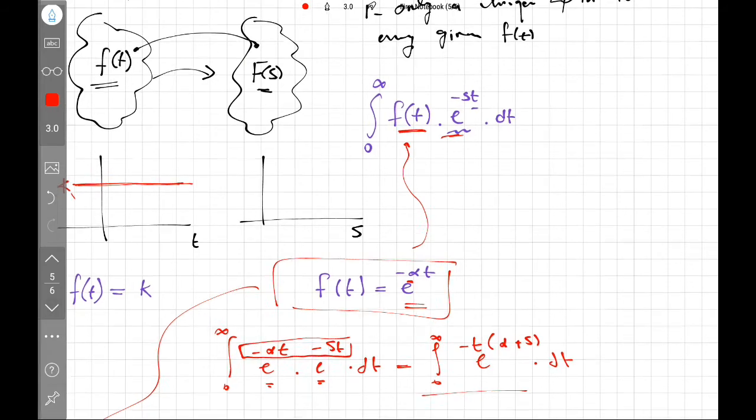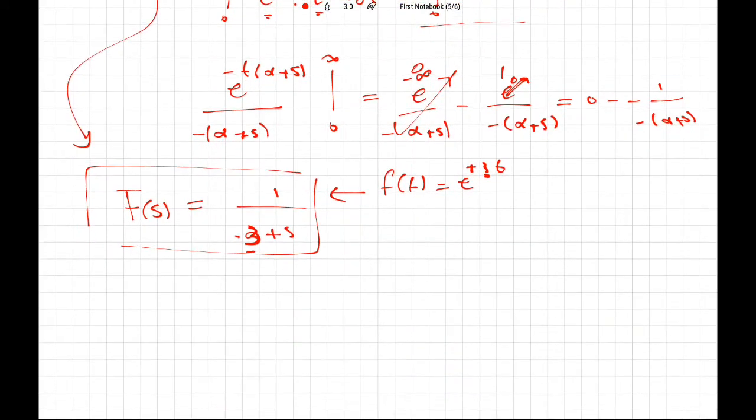Now, what if we have another function? Let's say f of t equals sine of something times t, or another function, cosine of 9t, or maybe a combination like e to the minus 3t times sine of 3t, for example, or 8t.